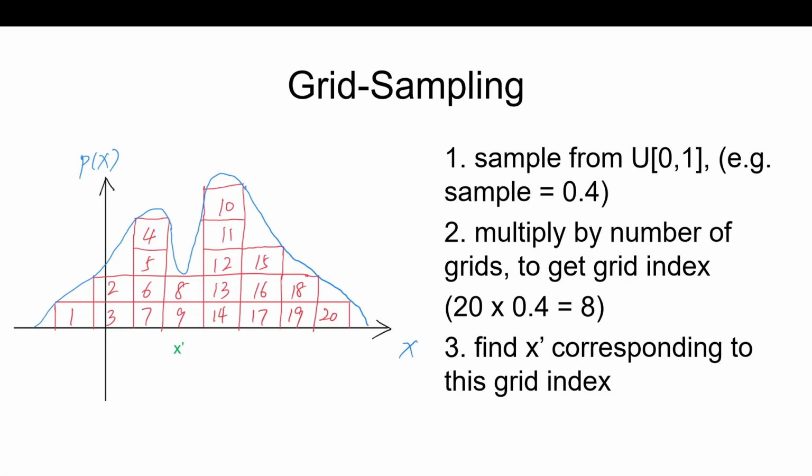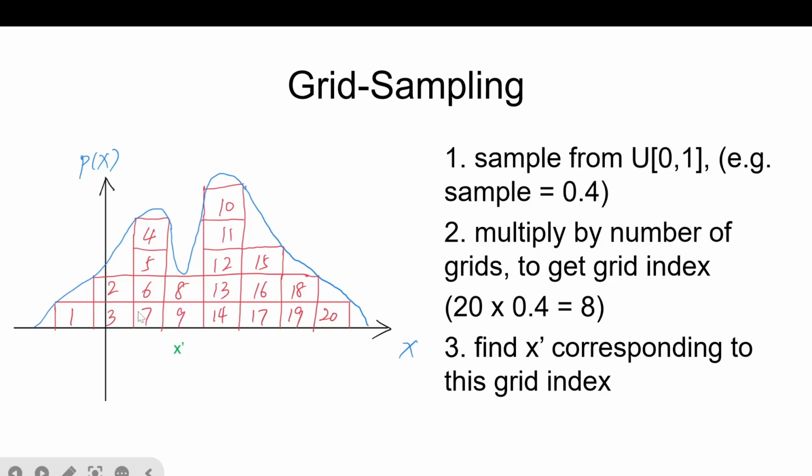Given this foundation, we can look at how we want to sample x from this probability distribution p(x). The way we do that is called grid sampling. The idea is that we divide the area under this PDF curve into a bunch of equal-sized grids.